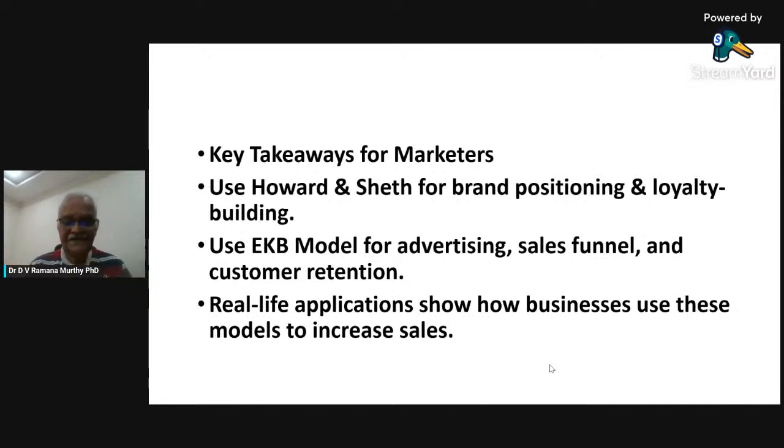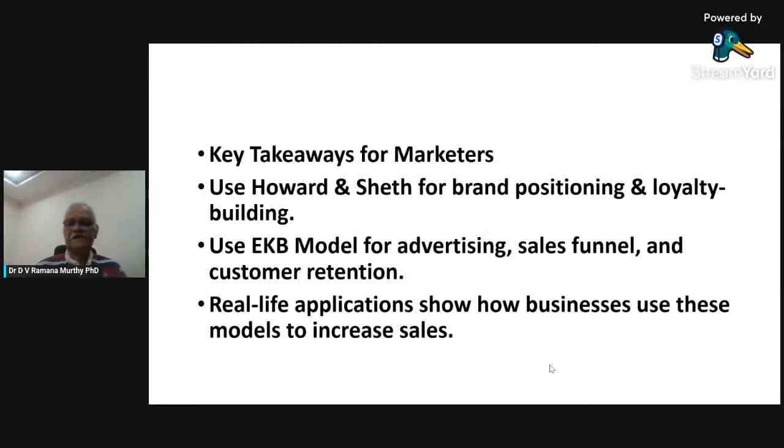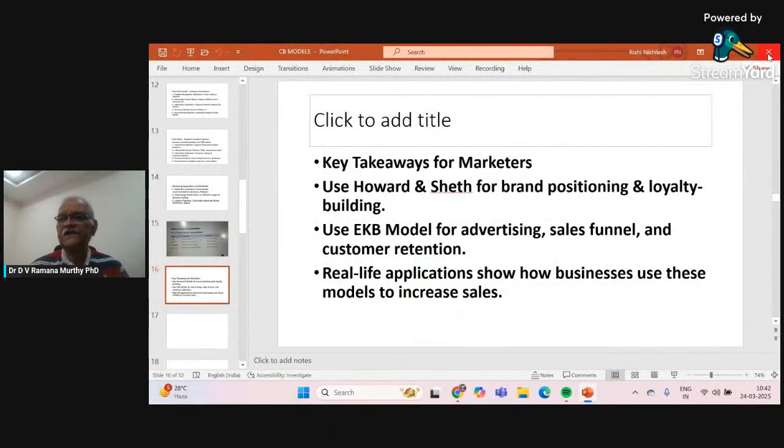So the real life applications show how businesses use these models to increase sales. We have already seen 2 case studies where the customers engage in this process from problem recognition to final purchase. So these are the important aspects that we need to answer. We close here, and this is again a short session.